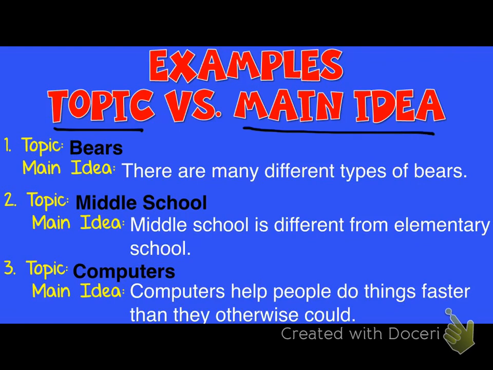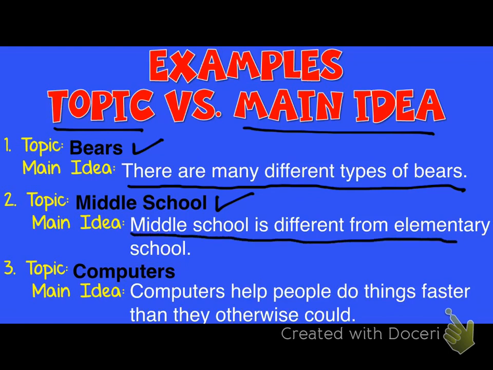For example, the topic of the article might be an article on bears. The main idea of that text is there are many different types of bears. The topic of an article might be a text on middle school. The main idea of that text might be middle school is different from elementary school.